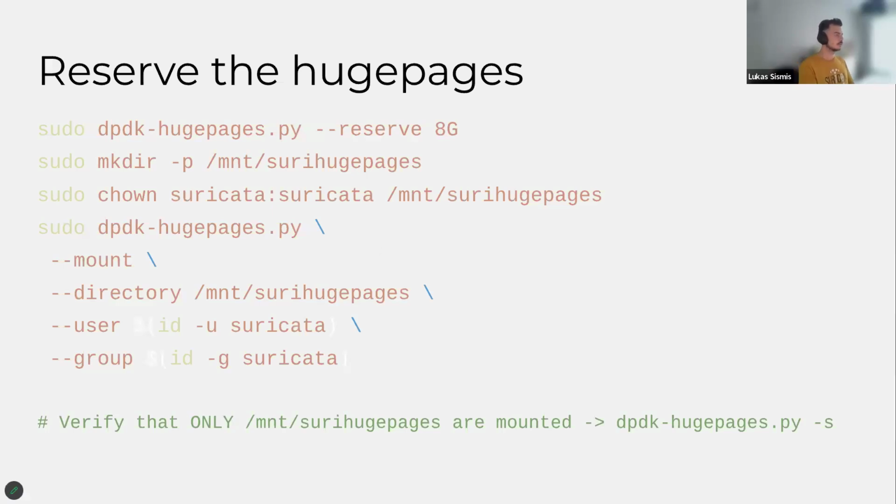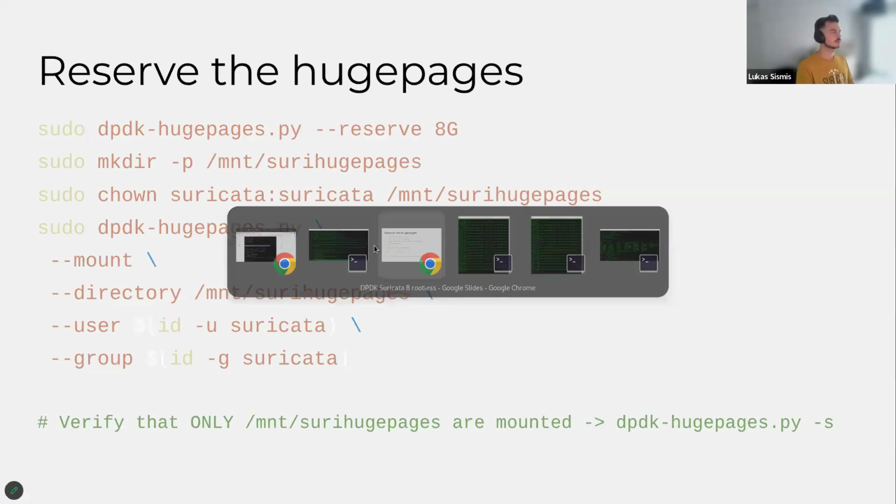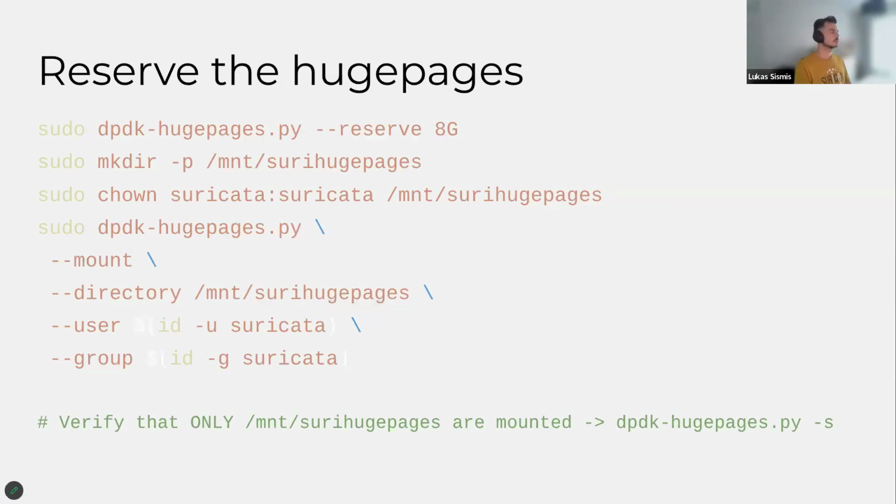In general, what you are maybe used to do is just to run the DPDK hugepages setup to 2G, let's say, and it automatically sets it up. In this case, we need to make the huge pages accessible to the unprivileged user. So at least the exact commands are like this.